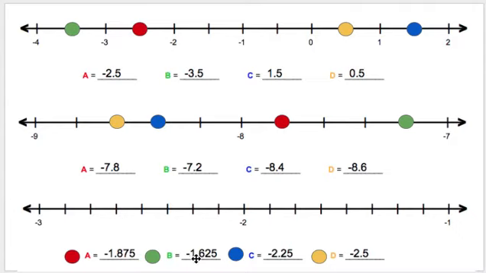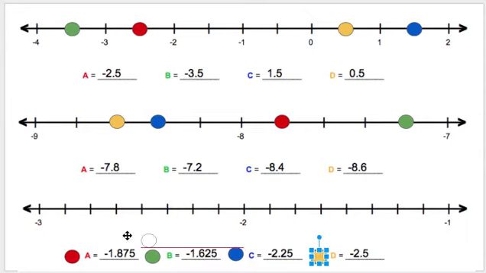Here I owe somebody $1.63. Here I owe somebody $2.25. Here I owe somebody $2.50. So even if I don't use the number line, I could think about money to order and compare these.